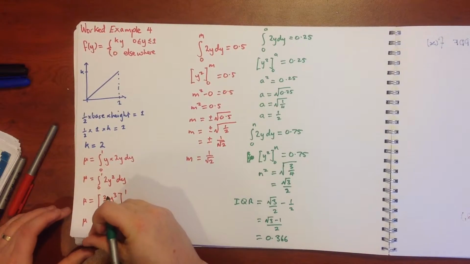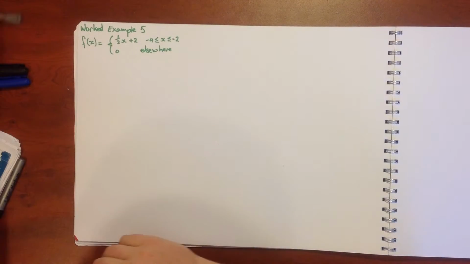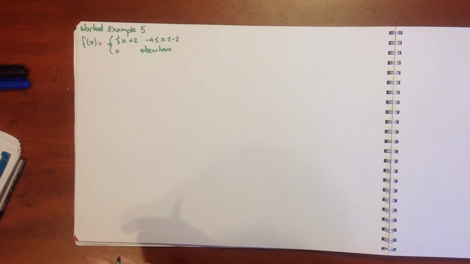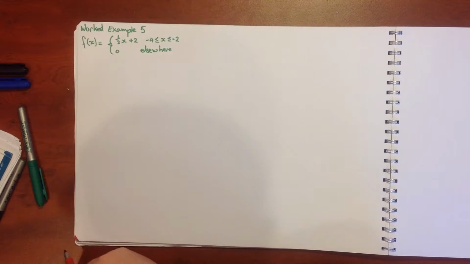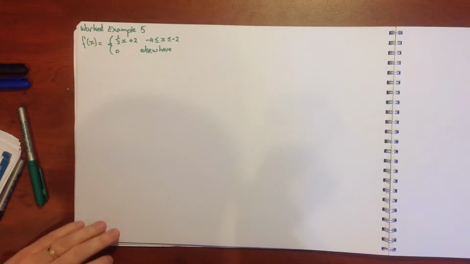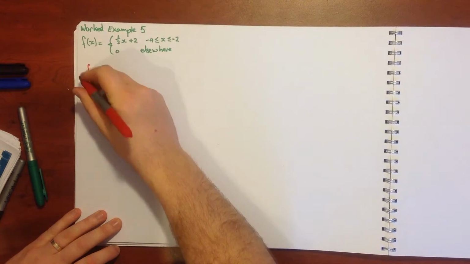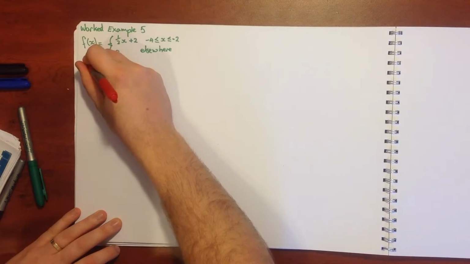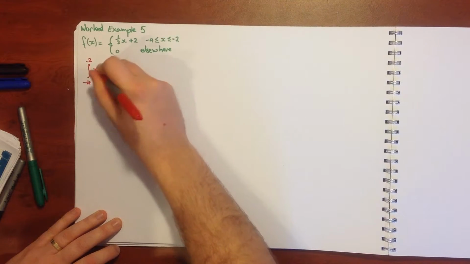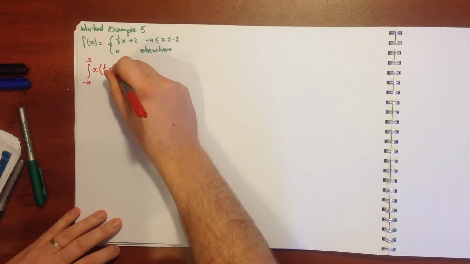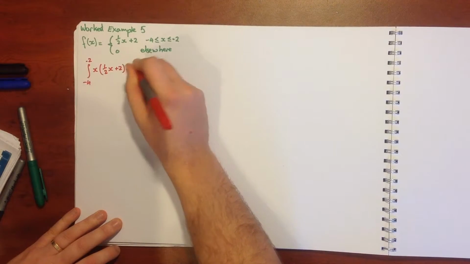Okay, so we'll have a look at the next worked example, which is worked example 5. I've got a probability density function, f of x equals a half x plus 2 from -4 to 2, and 0 elsewhere. We're asked to find the mean to start off with. For our mean, we're going to integrate from -4 to -2 of x times a half x plus 2 dx.